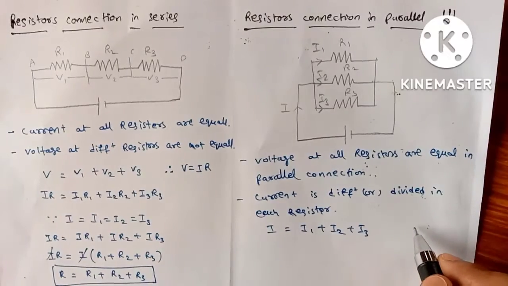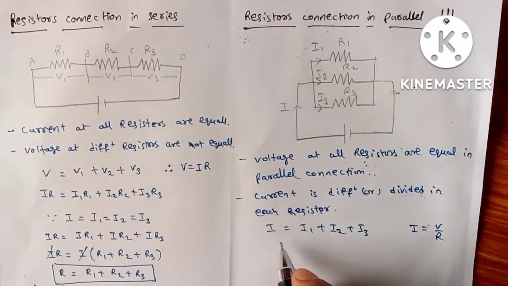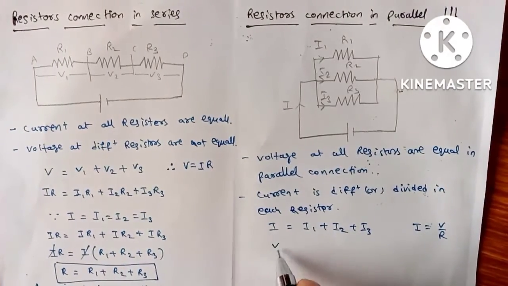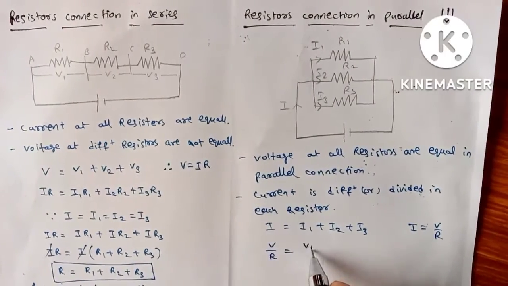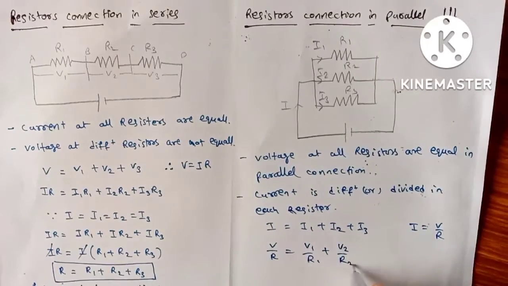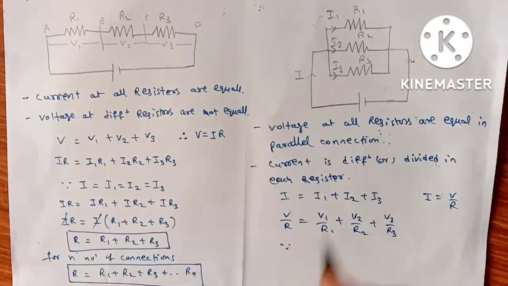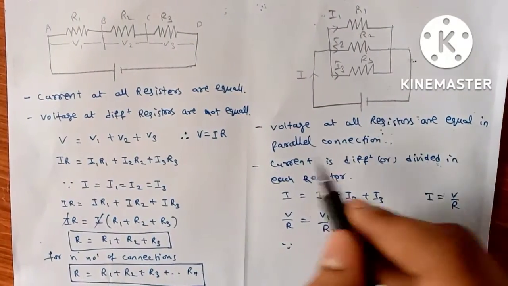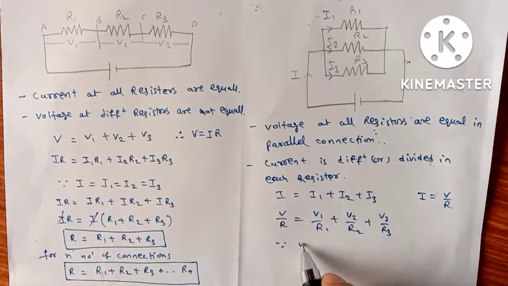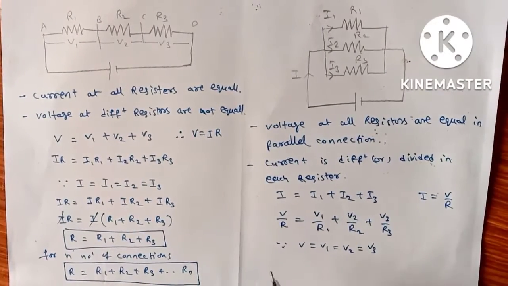From Ohm's law, if we write I is equal to V by R, then this formula is converted as V by R equals V1 by R1 plus V2 by R2 plus V3 by R3. Hence, voltage at all resistors is equal in parallel connection. So V is equal to V1 equals V2 equals V3.